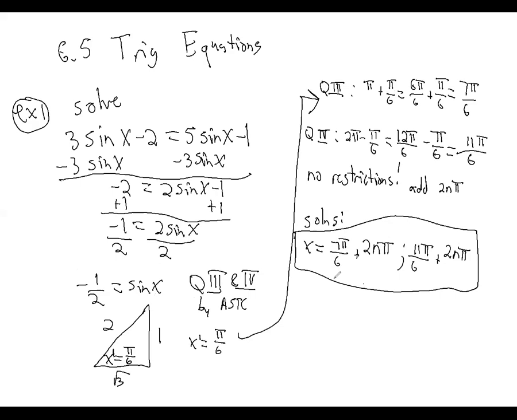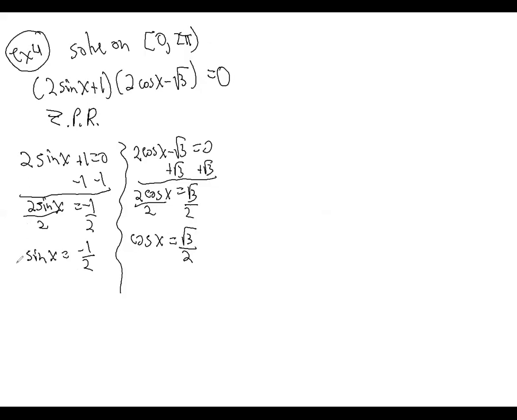So again, the solutions were 7 pi over 6 and 11 pi over 6. So by example 1, x equals 7 pi over 6 and 11 pi over 6.